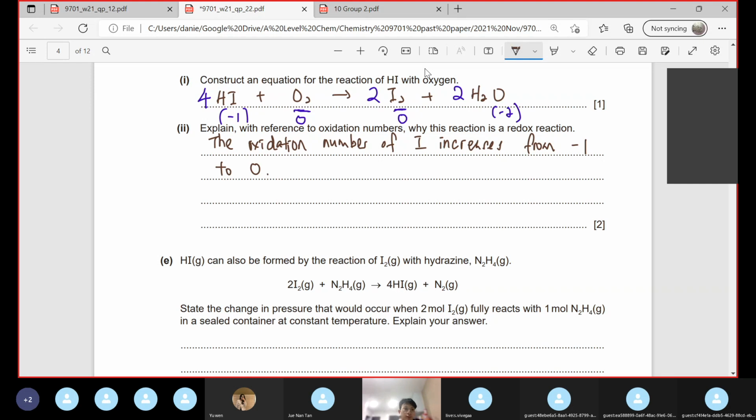Okay, yeah. Then the oxidation number of O decreases from 0 to -2.